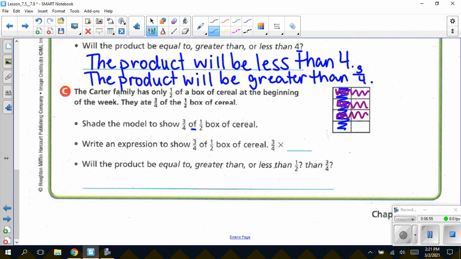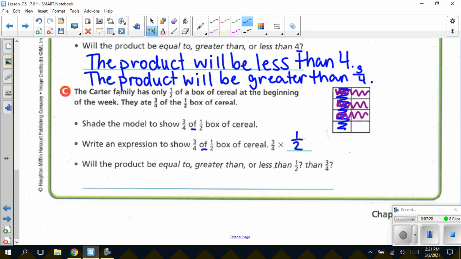So I know that my multiplication problem, because I'm showing 3/4 of 1/2, is 3/4 times 1/2. And again, I can find my answer from the model, or if I just take my understanding of two fractions being multiplied together, will the product be equal to, greater than, or less than 1/2?